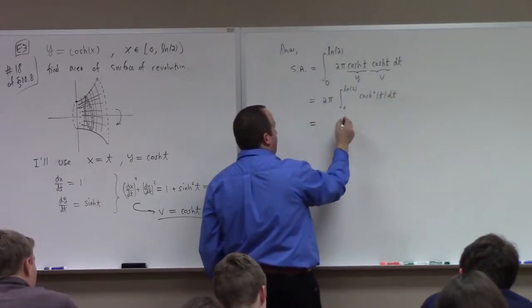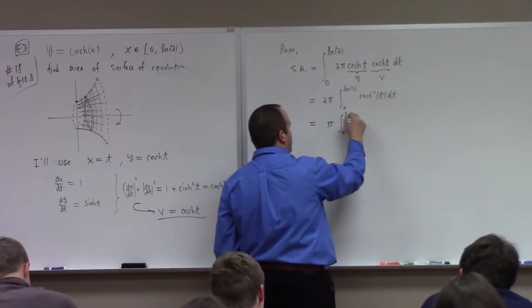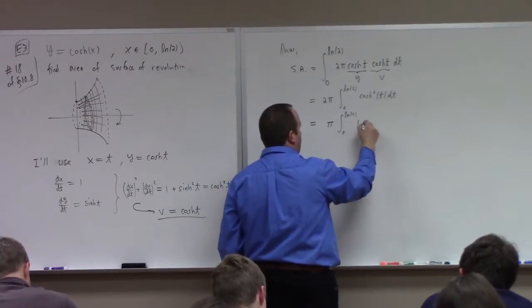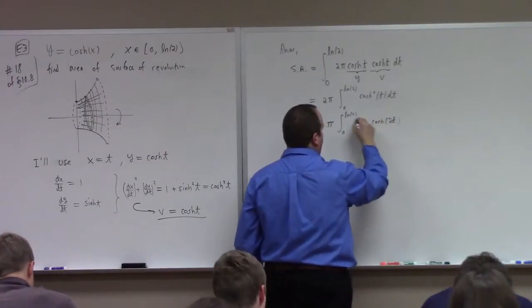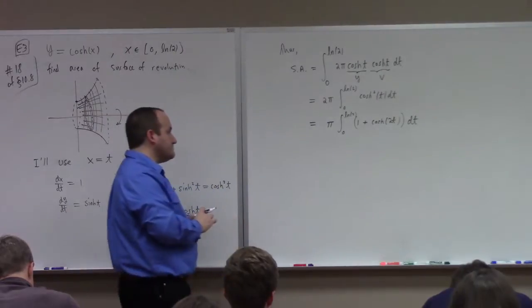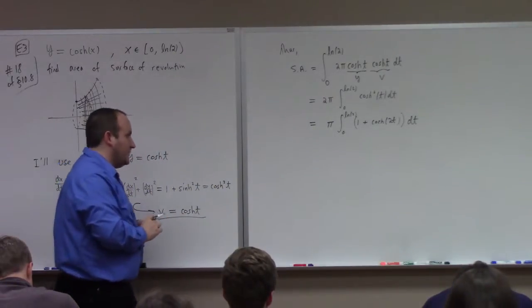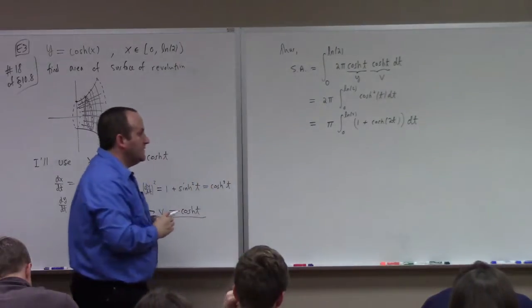Well, we know this integral. We've seen it before. This is going to be pi times the integral from 0 to log 2 of 1 plus cosh of 2t dt. What happened to my 2 up front? It canceled with a half in the double angle formula for the cosh.